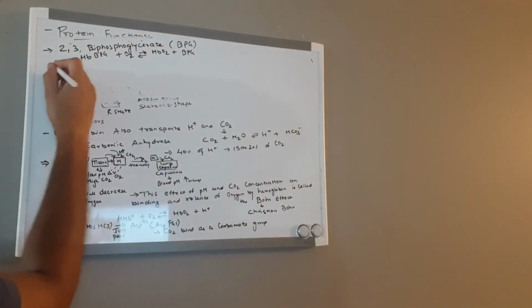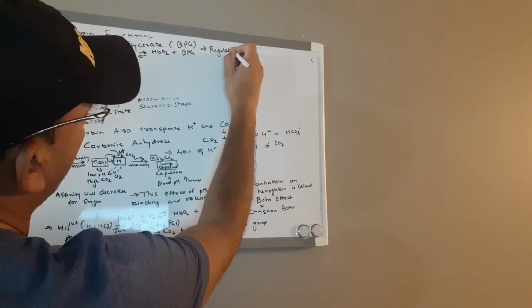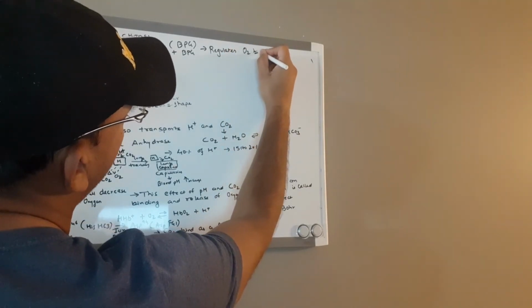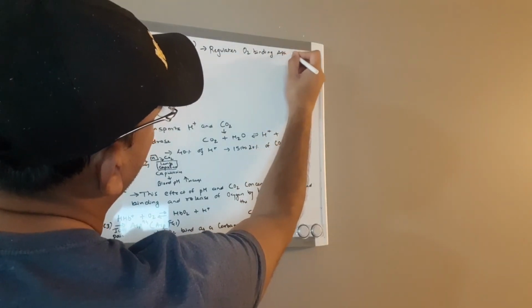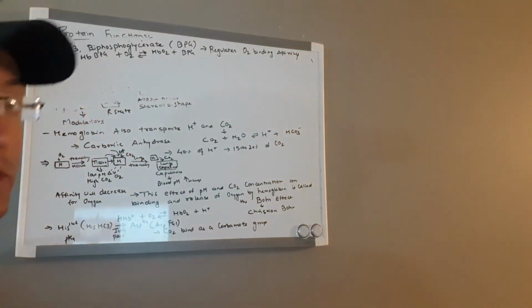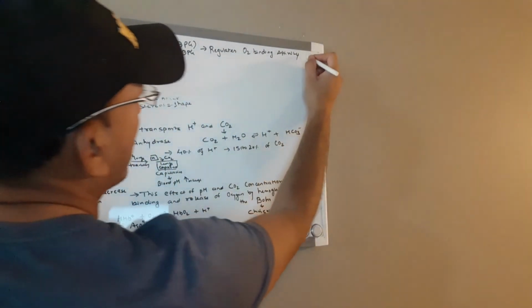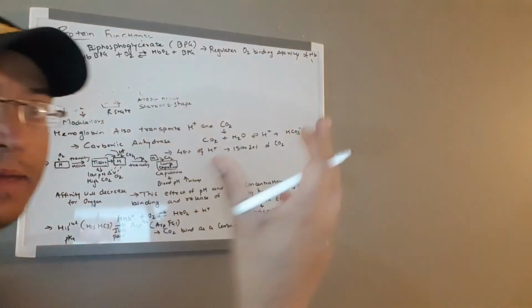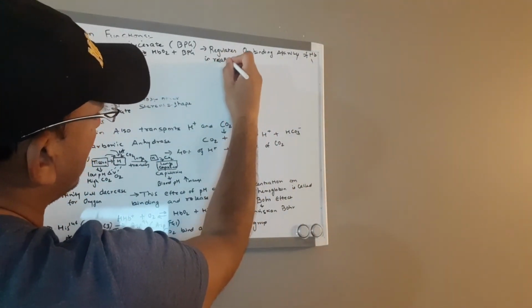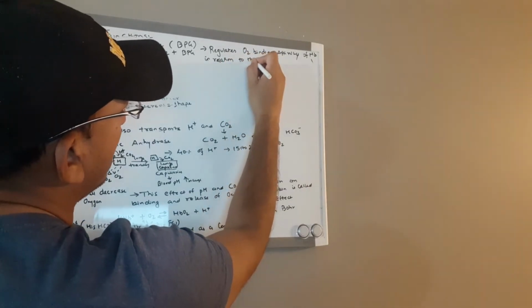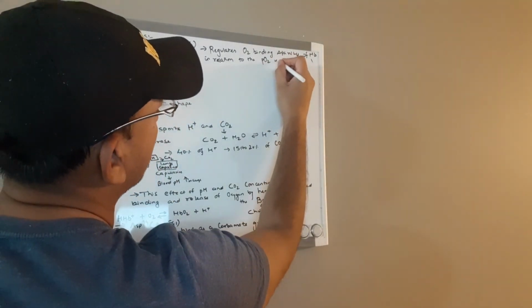It regulates the O2 binding affinity of hemoglobin in relation to the partial pressure of oxygen in the lungs.